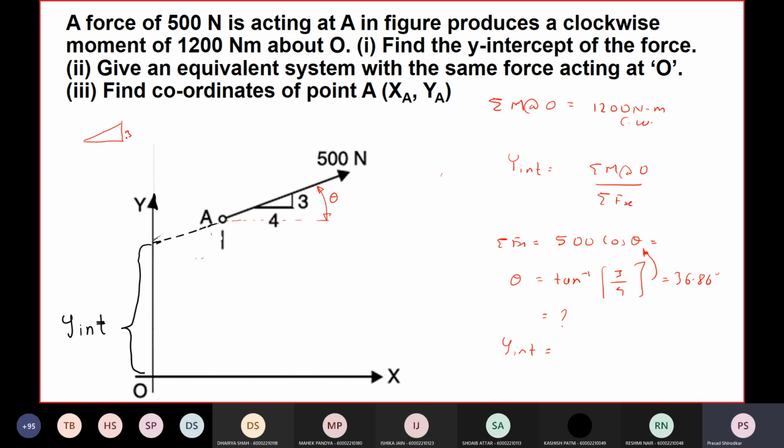See, this is 3, this is 4, so obviously the hypotenuse is going to be 5. Okay, and this is your angle theta. Okay, so cos theta is adjacent side by hypotenuse, 4 by 5, that is equal to 0.8. So you can definitely write it like that also. So if you are able to make that transformation, then you can definitely write it like that.